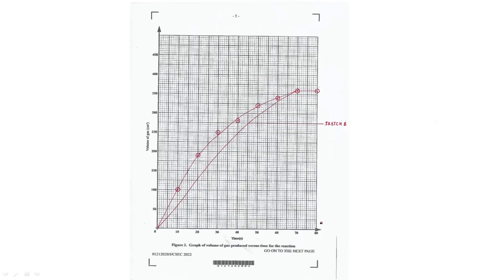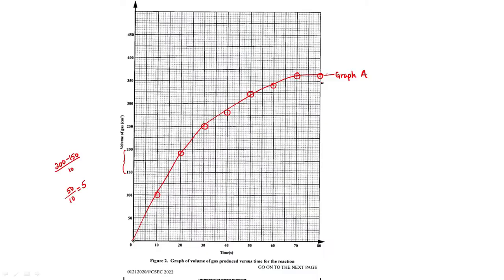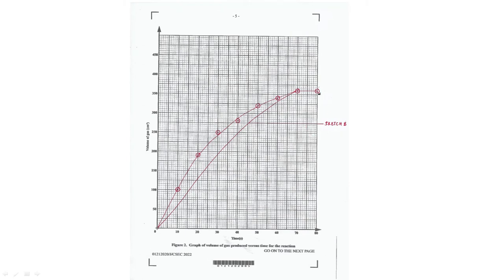It says, if marble chips or large granules of calcium carbonate were used instead of powdered calcium carbonate, sketch a graph of what this reaction would be on figure 2 on page 5. So it will pretty much look like this. The curve would shift to the right, but the same amount of carbon dioxide will be produced. And you had to label it. I think this was graph A. So you have to do what it says to do.